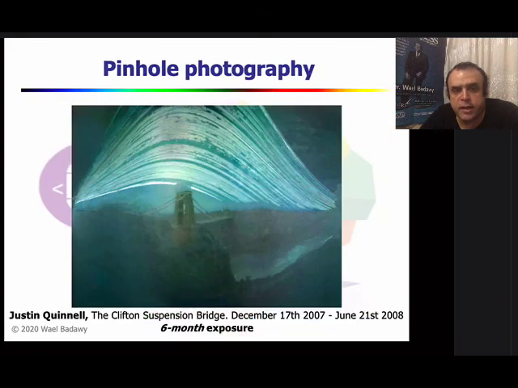If I move to the next slide titled pinhole camera photography, you will see this is an image of a 6 month exposure of the northern lights. Everything in front of the camera is static, and the northern light accumulations have been seen over the Clifton Suspension Bridge, where it was used only to show the slides.